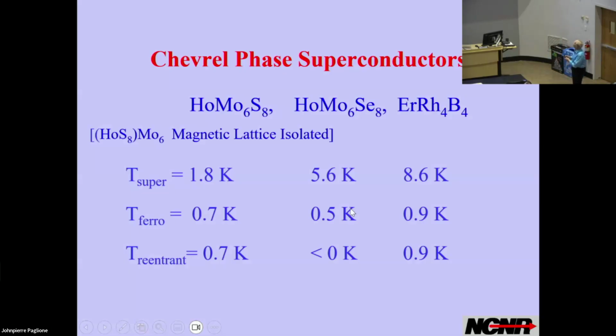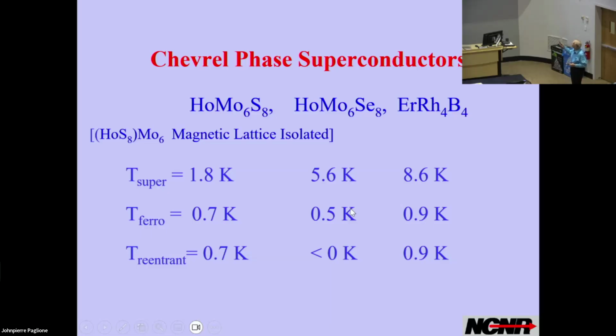And so holmium sulfide was one of these Chevrel phase ferromagnetic superconductors. It goes superconducting at 1.8 Kelvin, and ferromagnetic at about 0.7. And with the ferromagnetism, holmium has a ginormous magnetic moment. It produces a large magnetic field, which quenches the superconductivity.